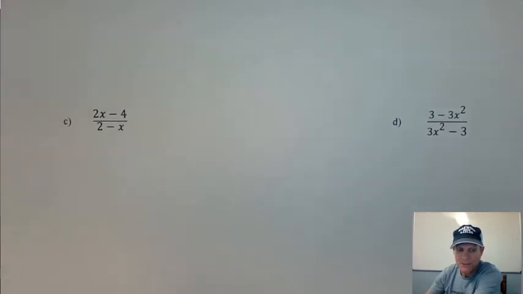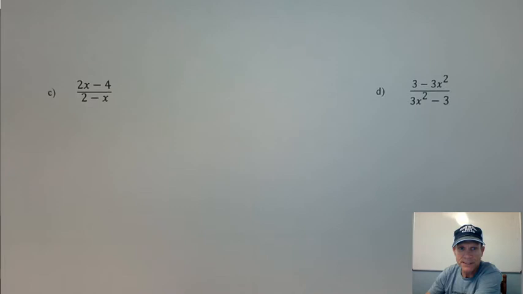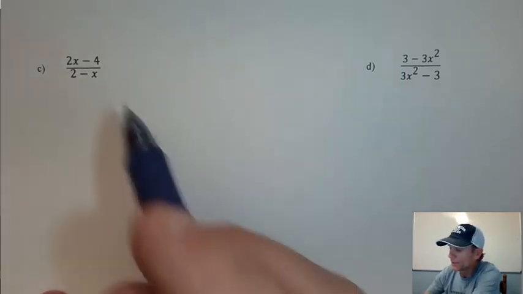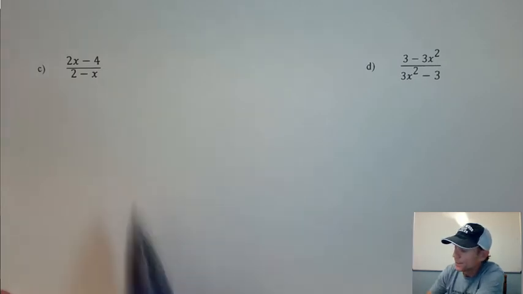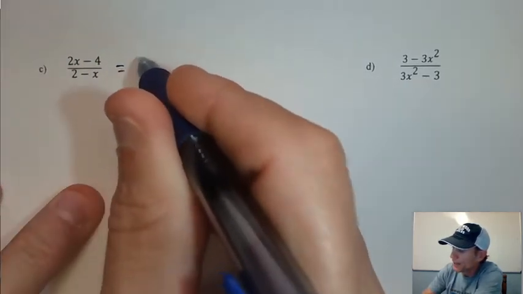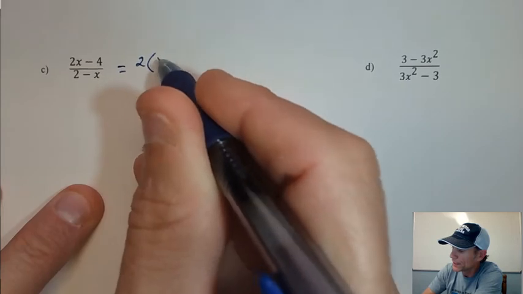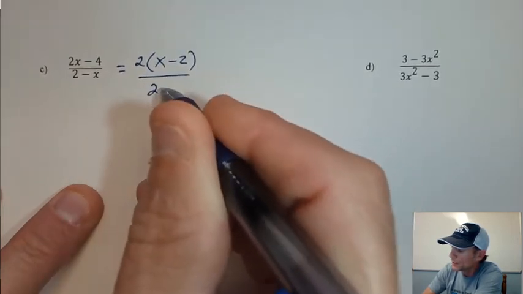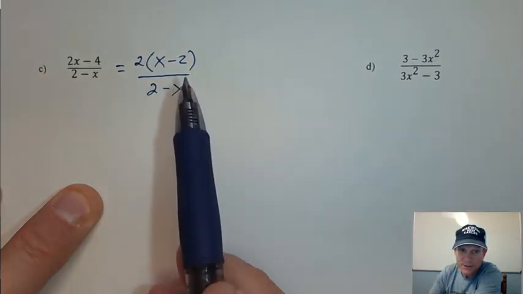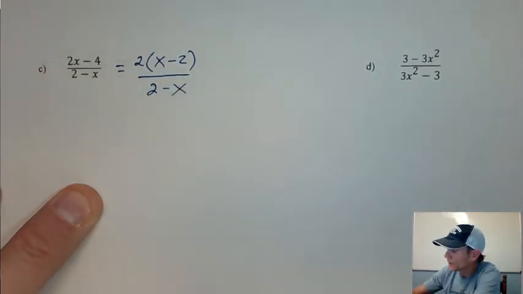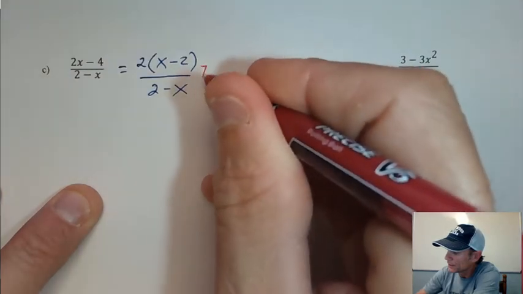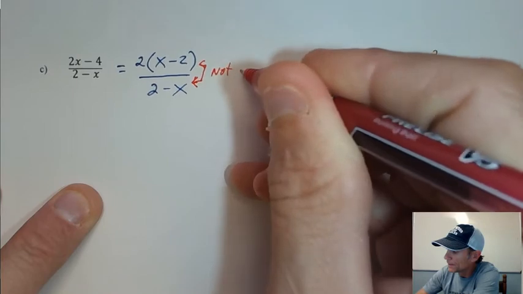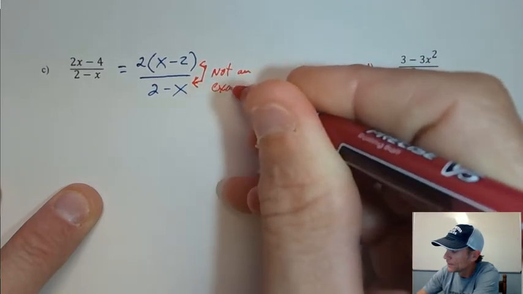Looking at C here, it's a little bit confusing, but you'll get the hang of one like this. Let me show you. We're going to factor out a 2, and I got x minus 2 over 2 minus x. Now these are not an exact match. I'm going to make a note of that right here: not an exact match.